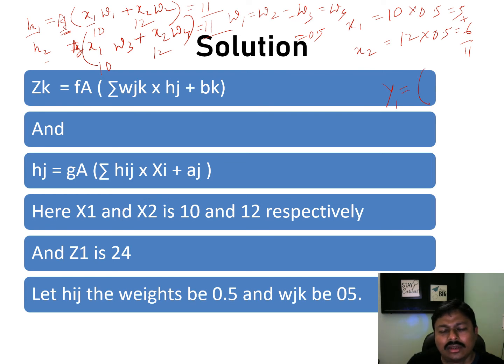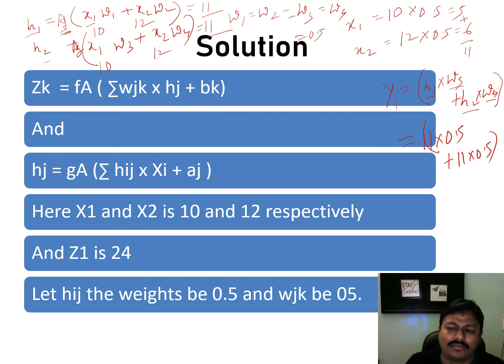This is nothing but, as you know, H1 into W5 plus H2 into W6, right? Now I know that H1 is 11, H2 is 11. Both W5 and W6 are also 0.5. So this equation becomes 11 into 0.5 plus 11 into 0.5.